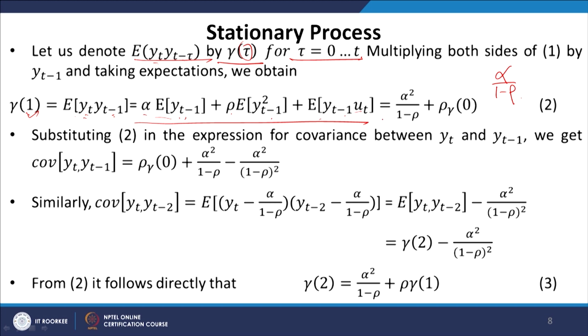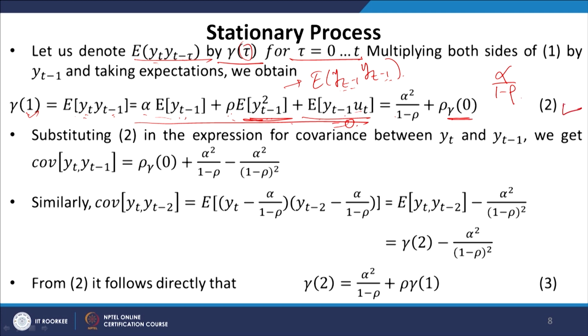So, this becomes alpha square into 1 minus rho, and then for the rest this is actually rho into gamma 0. You can see that this can be written as expected value of yt minus 1 into yt minus 1. So, the distance between these two is 0. So, we denote it by gamma 0, rho gamma 0, and the last term is equal to 0, as we have earlier assumed that the uts are identically and independently distributed.